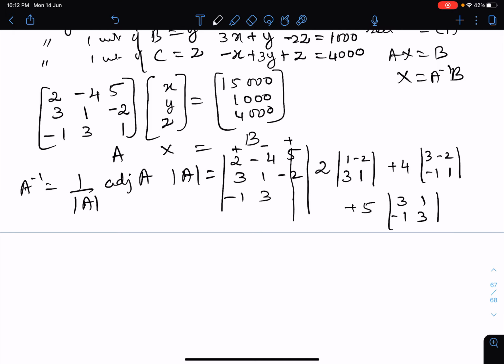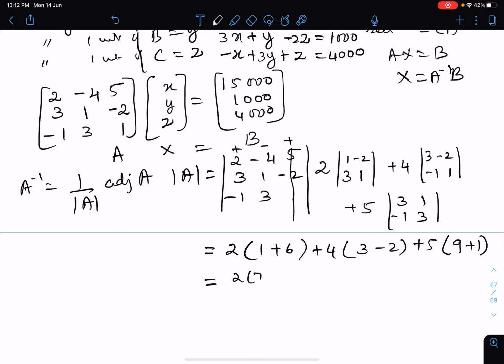So expanding this, you will get 2 into 1 plus 6, plus 4 into 3 minus 2, plus 5 into 9 plus 1. So your answer is going to be 2 into 7. So what is going to be your determinant A when you expand this? Let us see. 2 into 7 plus 4 into 1.